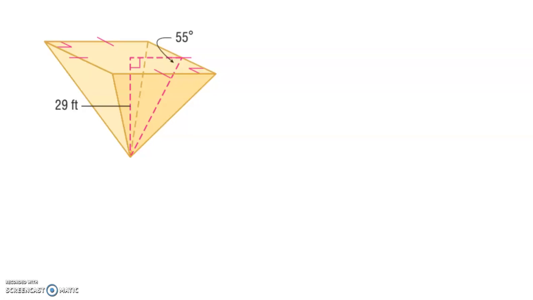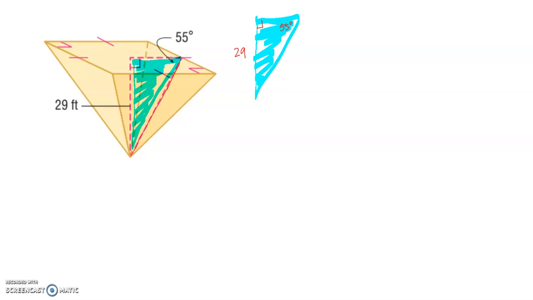So if I take out this triangle that they drew in for me, and just cut it out, I see that 29 is the height of the triangle. This is 55 degrees. I need to find the slant height, which is on the outside on those triangles.